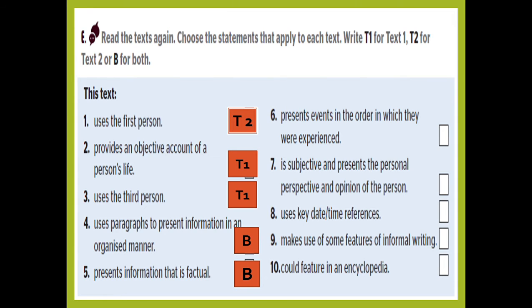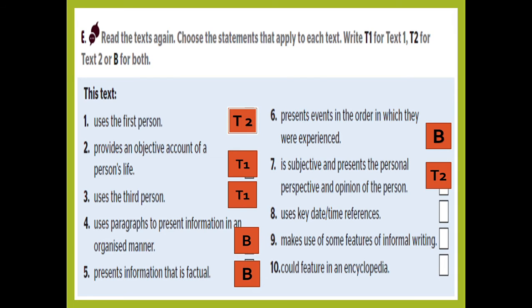Okay? Number 6. Presents events in the order in which they were experienced. Both. Is subjective and presents the personal perspective and opinion of the person. Text 2.